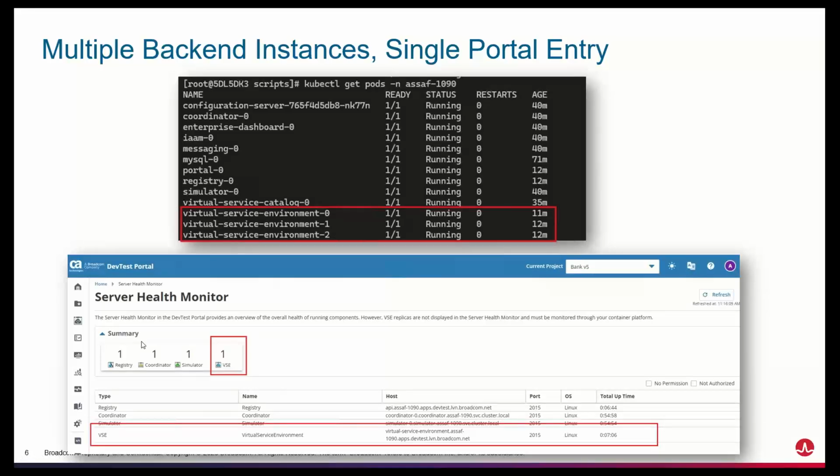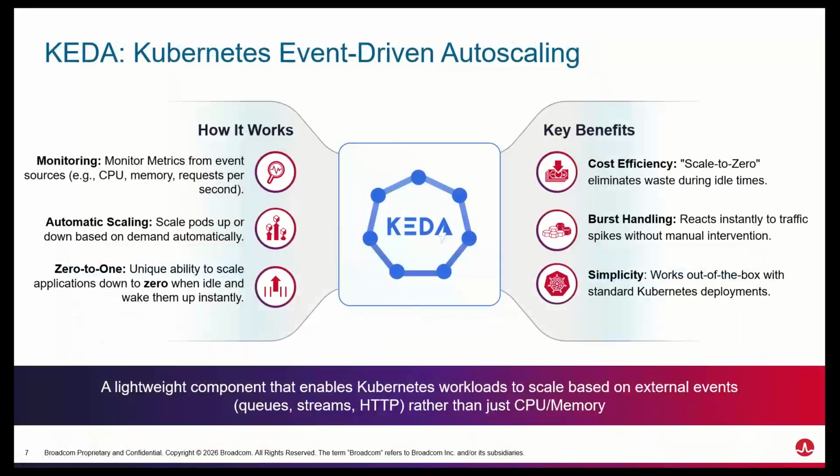The technology that we use behind the scenes is KEDA, Kubernetes Event-Driven Autoscaling. KEDA allows us to use application metrics, like in our case transactions per second, and based on it, increase the capacity with additional instances of the same VSE that we have.